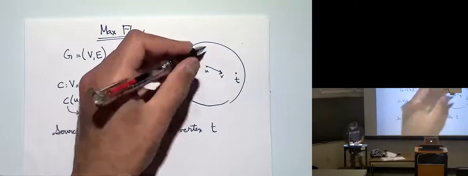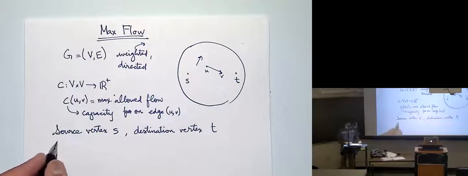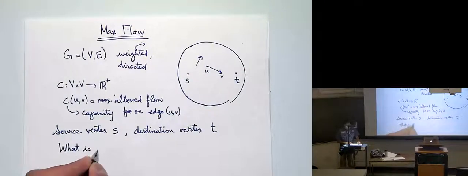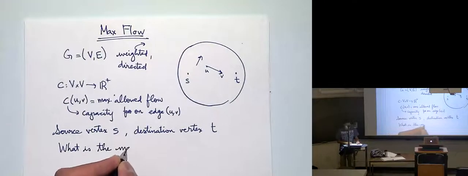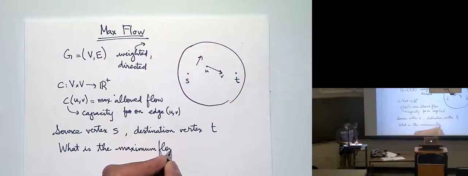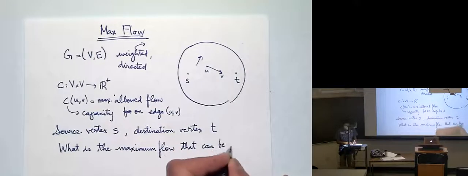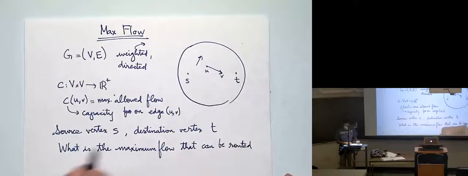Now you're routing flow through the system, so you have to route flow. So the question is, what is the maximum flow that can be routed from S to T?